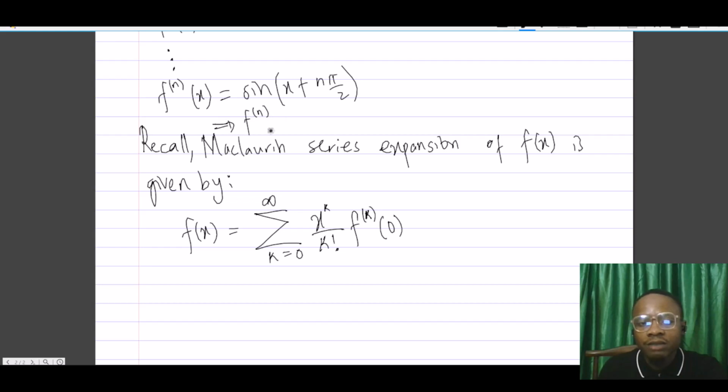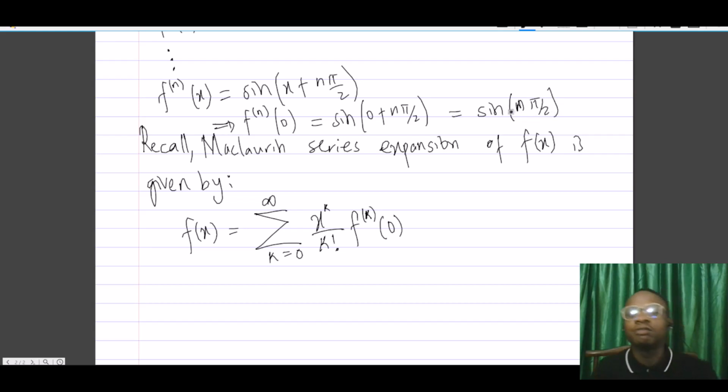So the nth derivative at x equal to 0 will be equal to the sine of 0 plus n pi over 2. So this is just sine of n multiplied by pi over 2. We've also observed a behavior of this before, but we'll come back to that. Let's move on first.